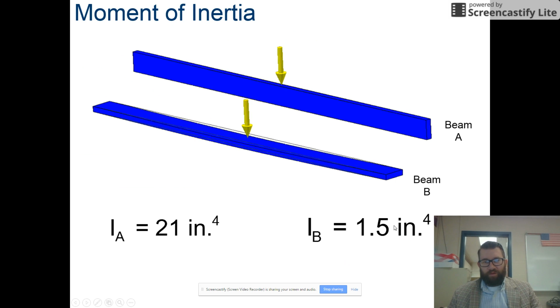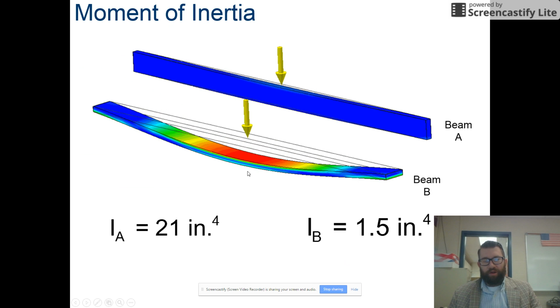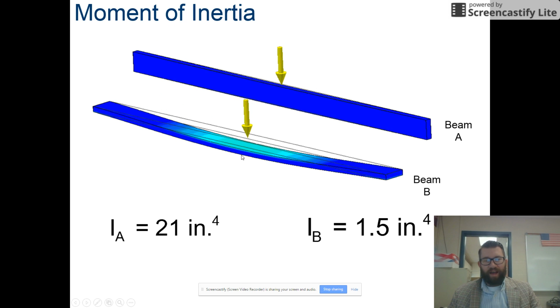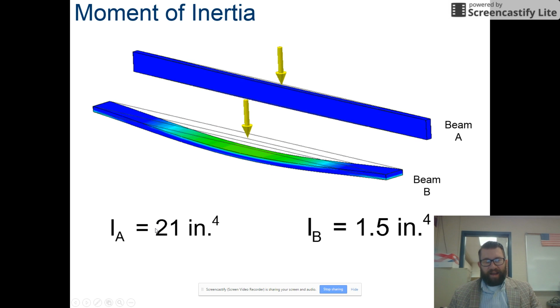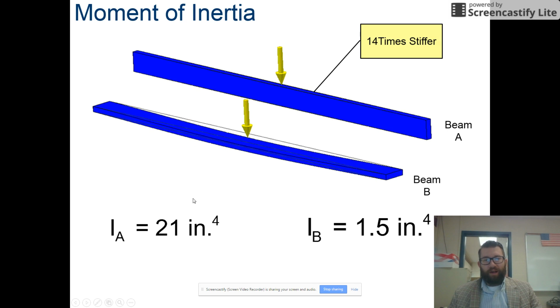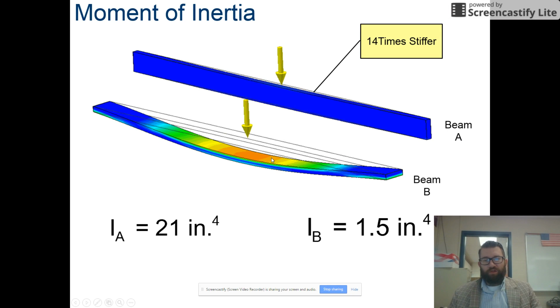So beam B has a much lower moment of inertia, therefore much more flex than beam A. 14 times stiffer. So this is why you want joists to support planks and not the other way around.